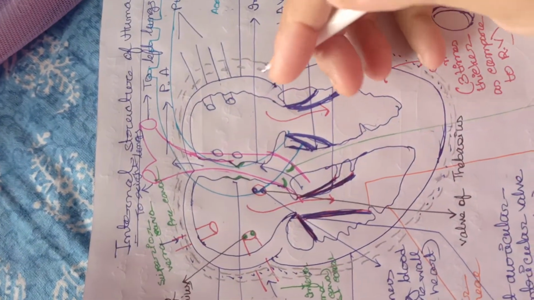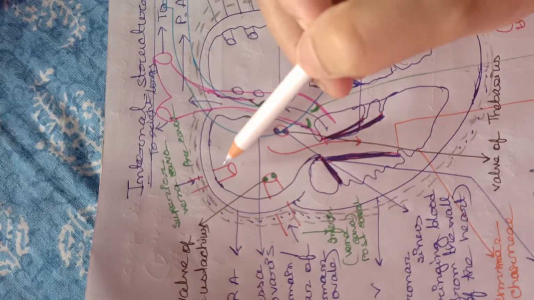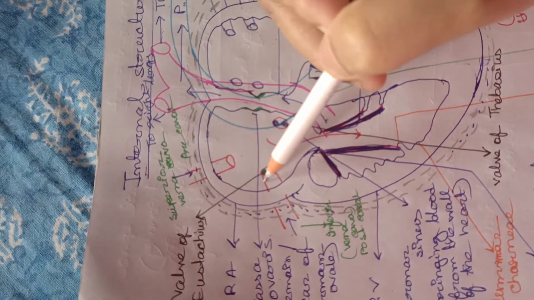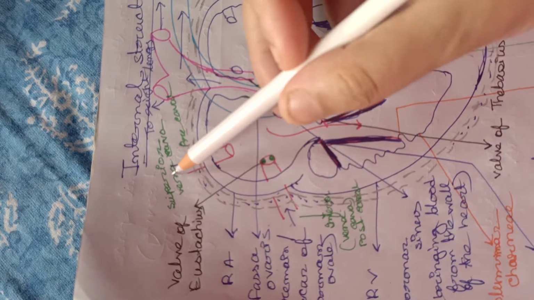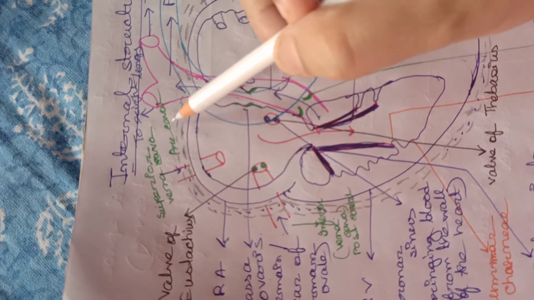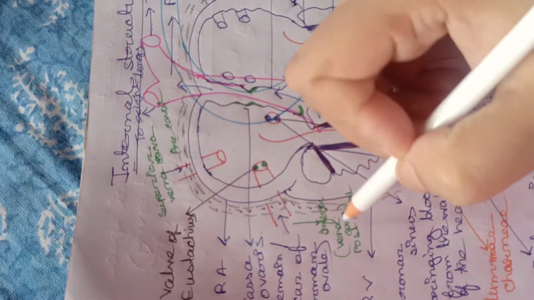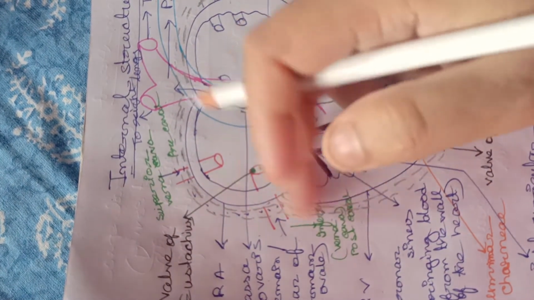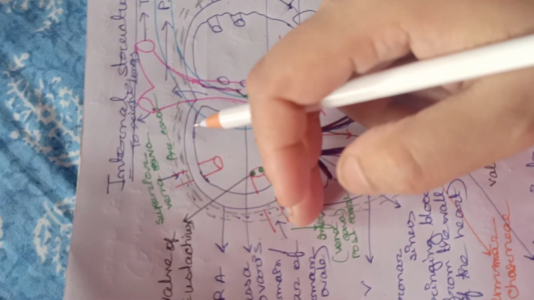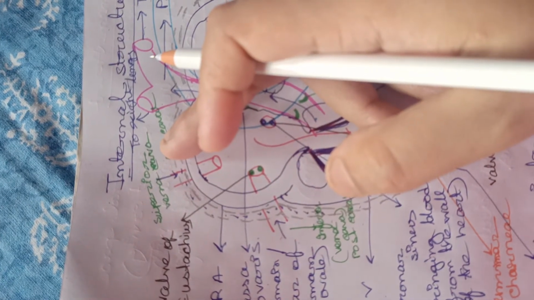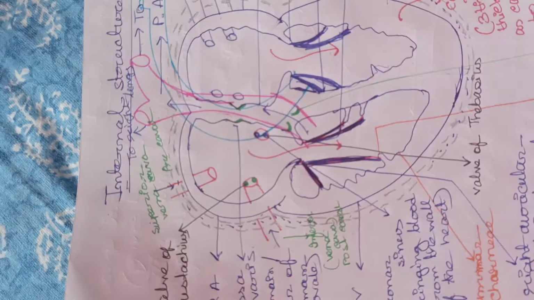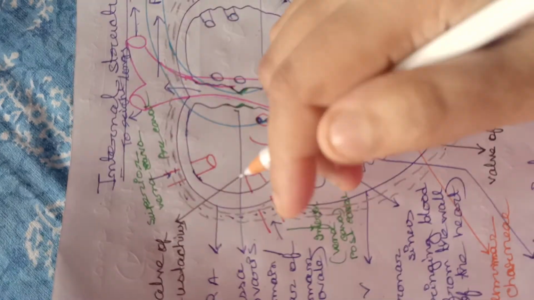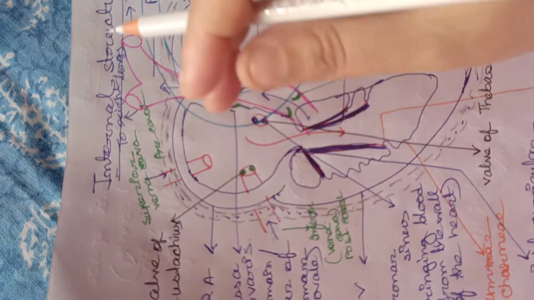Clear? Now we will see these two are the superior vena cava and inferior vena cava. The superior vena cava we can also call the precaval and the inferior vena cava the postcaval. The superior brings deoxygenated blood from the upper portion of the body, and the inferior brings deoxygenated blood from the lower portion of the body.